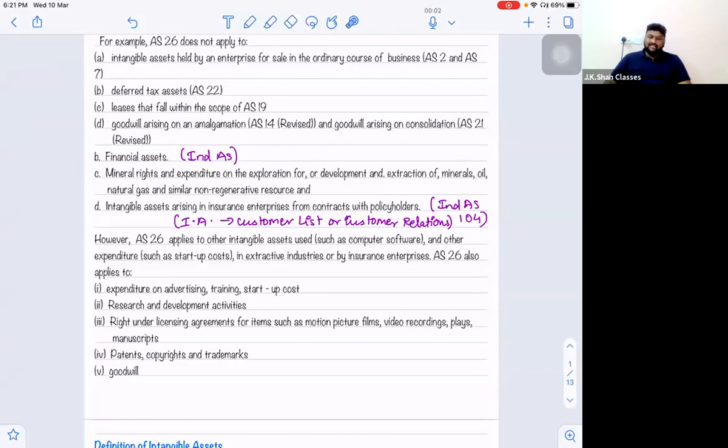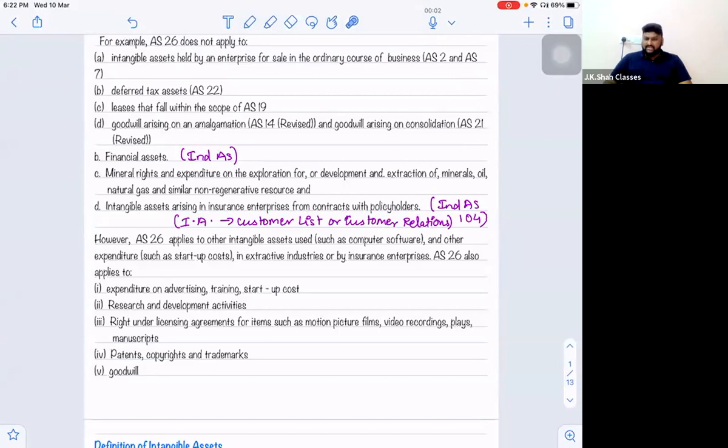For acquiring the license, you will pay license fees. Plus, you may also require a lawyer for consultancy or for getting all these licenses. So you will be paying some consultancy fees to the lawyer, and you may pay some legal charges. All these things will be considered as startup cost.